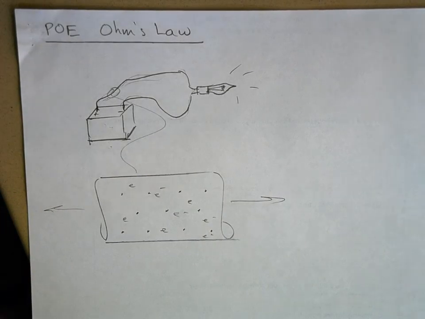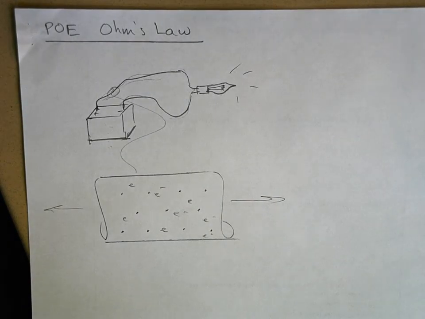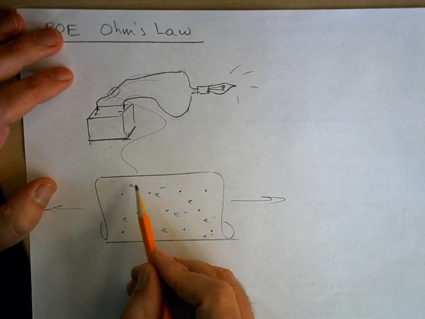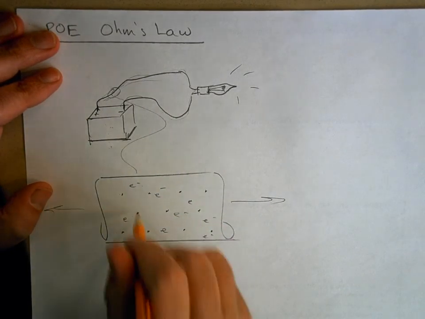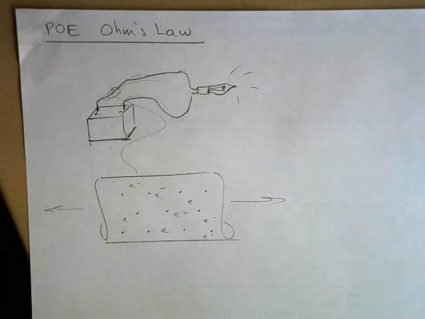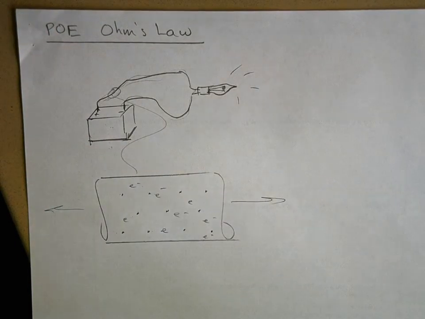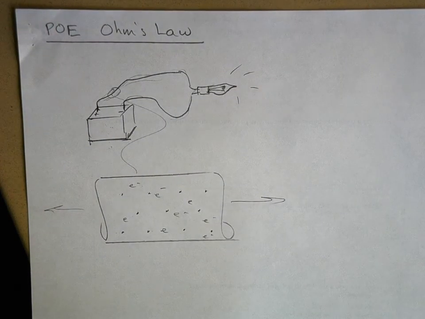Now, when there's no current flowing, remember, and by the way, for every valence electron in the wire, there's a proton in the nucleus to match it. So wires are electrically neutral. They have just as many protons in the nucleus as there are electrons in the electron clouds. They do not have a net charge. Charge is what electrons carry and protons carry.